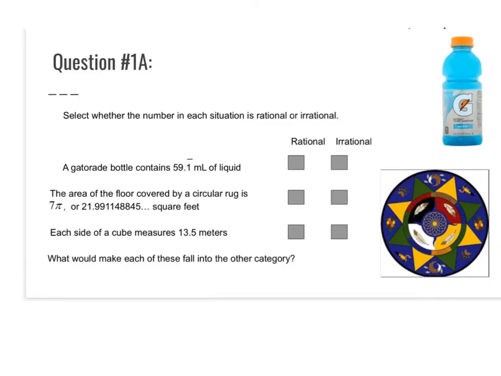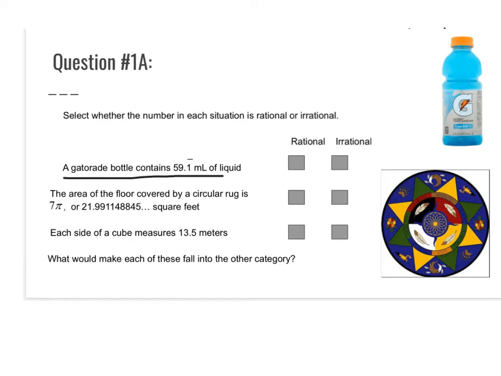Okay, so look at this very first part right here. A Gatorade bottle contains 59.1 with the bar repeating over the 1 milliliters of liquid. Would that be a rational number or an irrational number? Well, can you write that as a decimal?